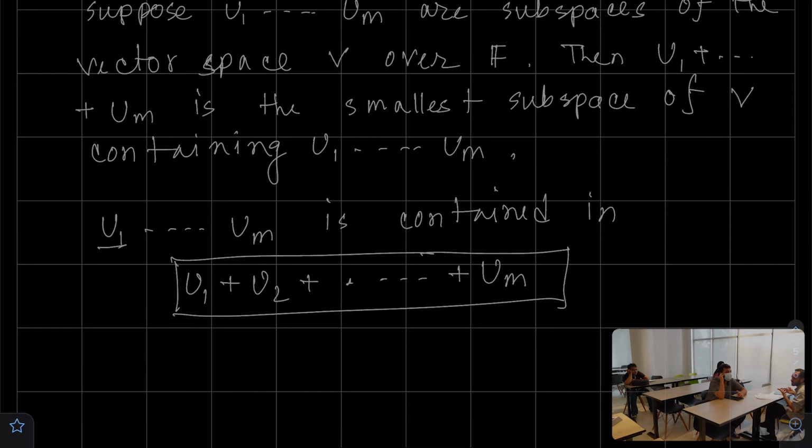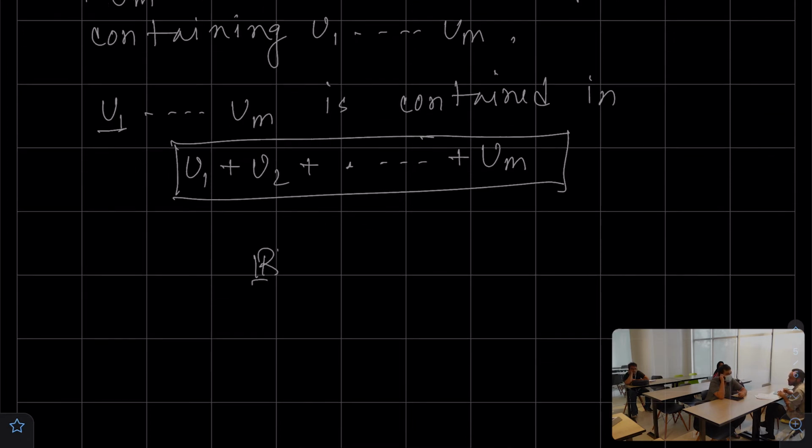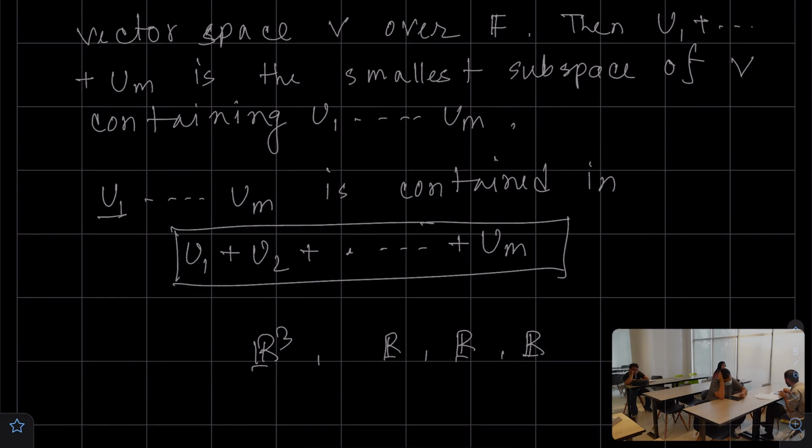If you consider R3, and you decompose this, you can consider all the other elements, U2 to UM, to be 0.